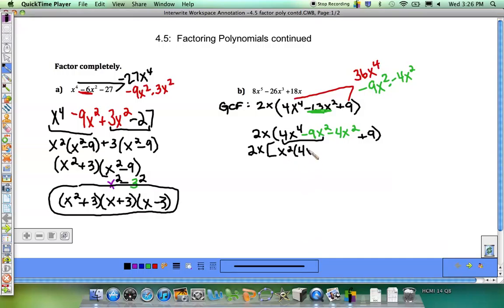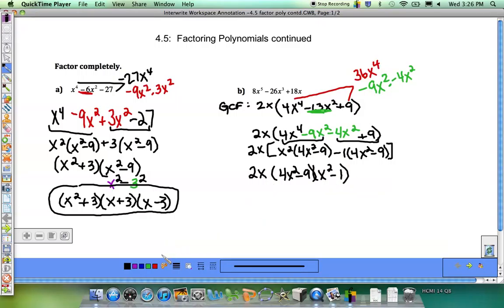That would leave 4x squared minus 9. The second two have just a minus 1 in common. 4x squared minus 9. So I have 2x. Then I have 4x squared minus 9 and x squared minus 1.